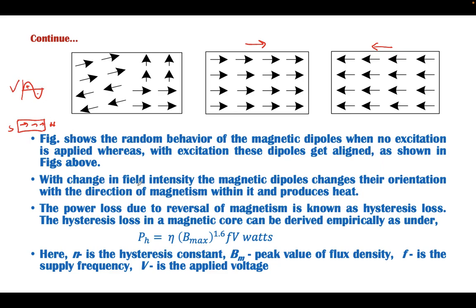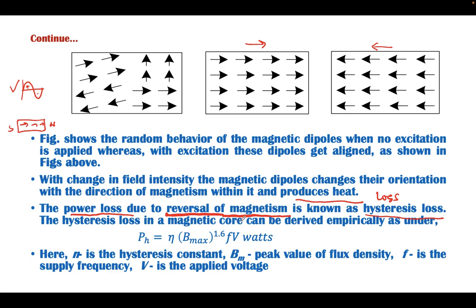With the change in field intensity, the magnetic dipoles change their orientation with the direction of magnetism and produce heat. This is known as loss. This heat in the transformer core is supplied from the input, and the input is electricity. It means the power loss in a transformer or any magnetic material due to the reversal of magnetism is known as hysteresis loss.